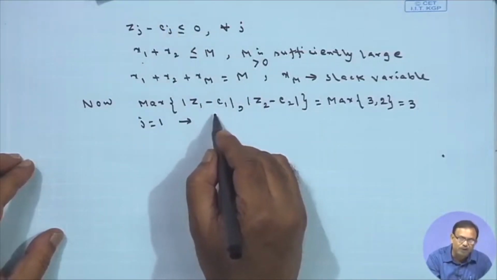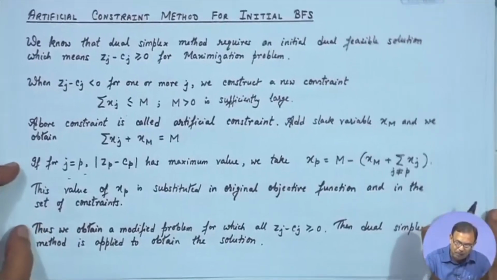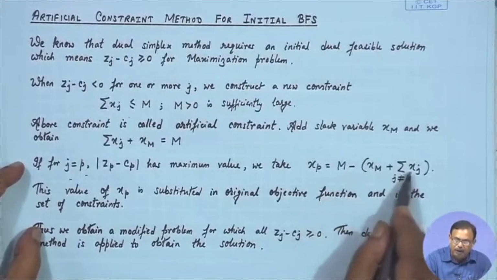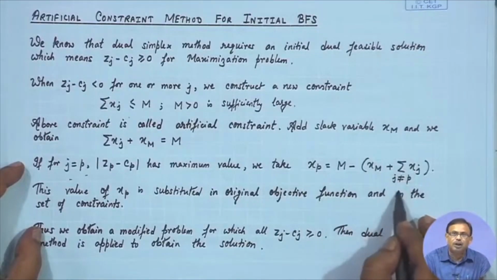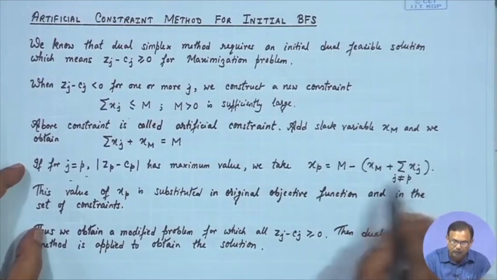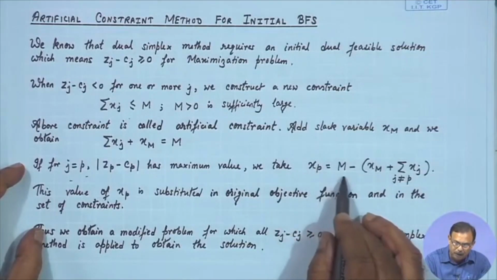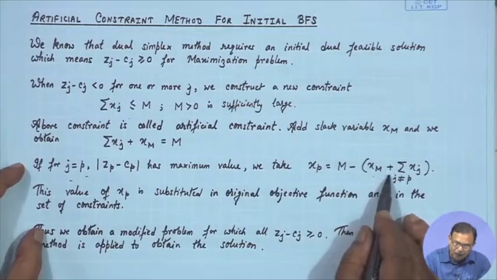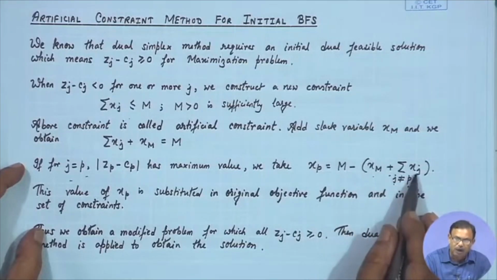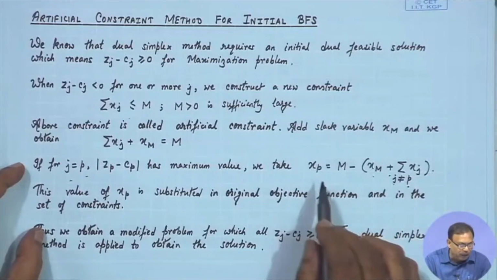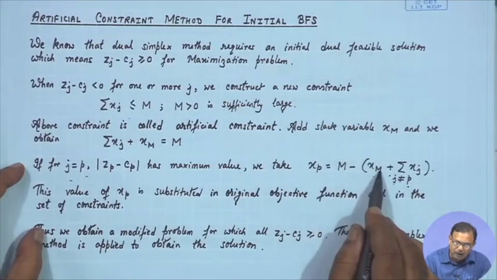So, which variable will be replaced? We have told that now I will replace x p equals m minus x m plus the summation over j not equal to p of x j, and here p is 1. So, x 1 will be replaced by m minus x m plus, for j not equal to p, there will be only one variable, x 2, because j equals 1 and 2. So, your x 1 will be equal to m minus x m plus x 2.